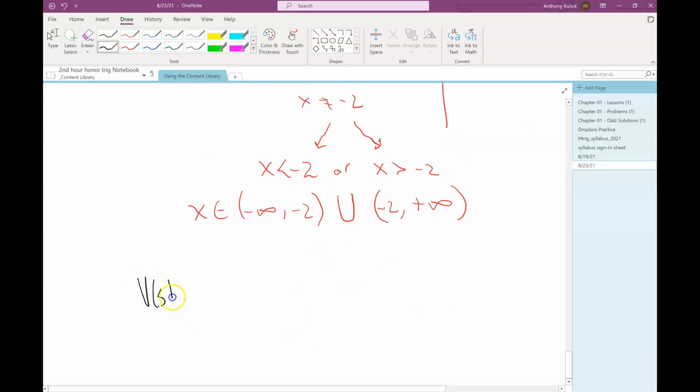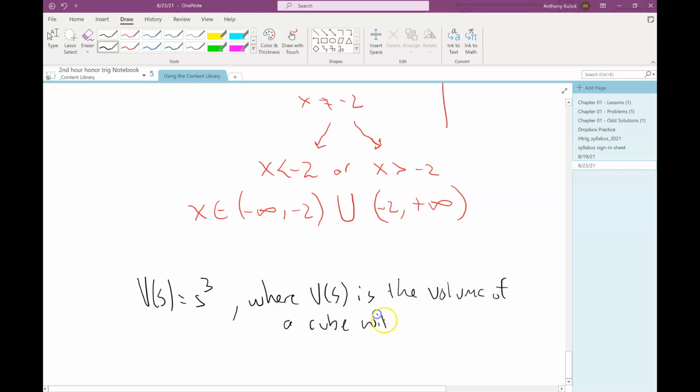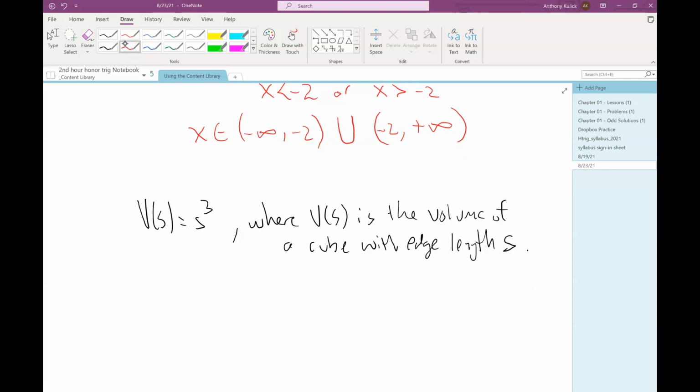Last example for domains. So here we have the function v of s is equal to s cubed, where v of s is the volume of a cube with edge length s.